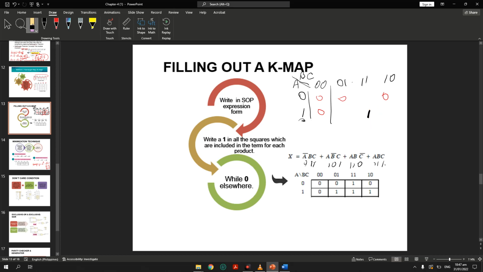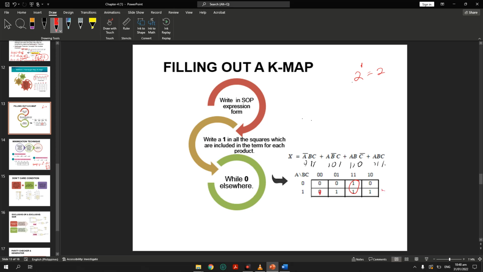So let's go back. Let me just use the K-map here below. Our first group could be this group here, 2 raised to n, or 2 raised to 1. We could group 2 by 2. Here, if this is 1, we could group this as 4.